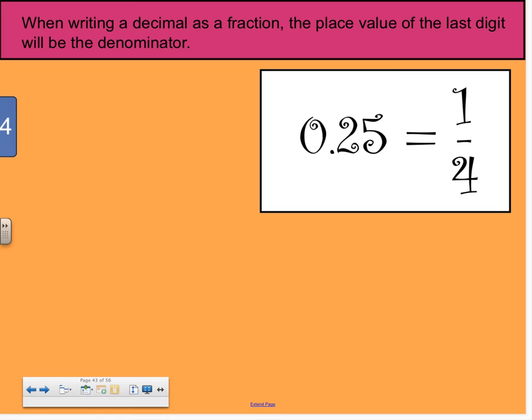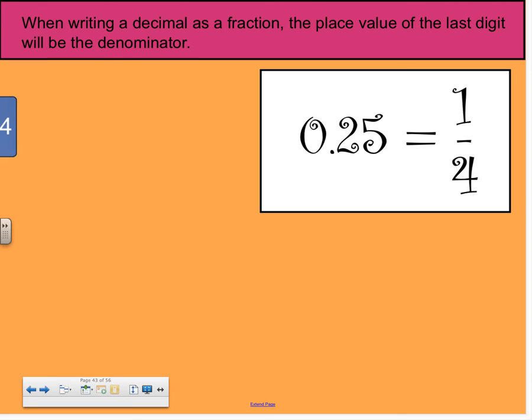If I don't see your eyes up here and your mouth moving and hear your voice, then I write your name on the window. All right, everybody read with me after 2. 1, 2. When writing a decimal as a fraction, the place value of the last digit will be the denominator. All right, the place value of the last digit will be the denominator.